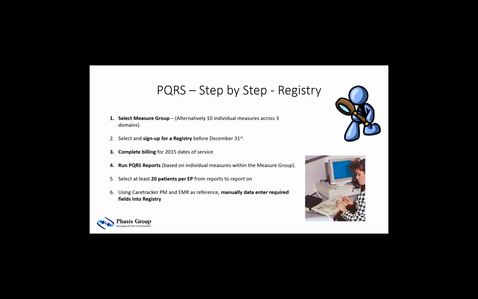Try to find a measure group. You can talk to your specialty trade organization, and they can help you decide what other people in your specialty have been selecting for measure groups. Basically, once you've done that, you want to sign up for a registry. We're going to send out the CMS list of certified registries.